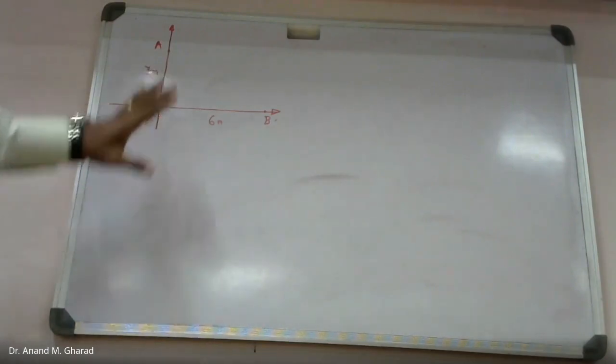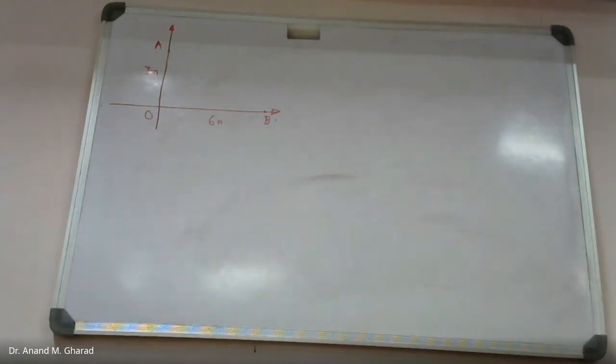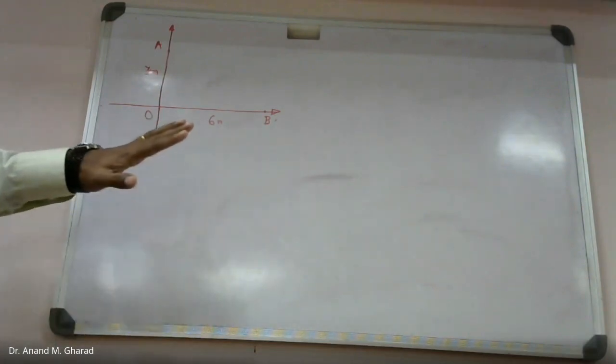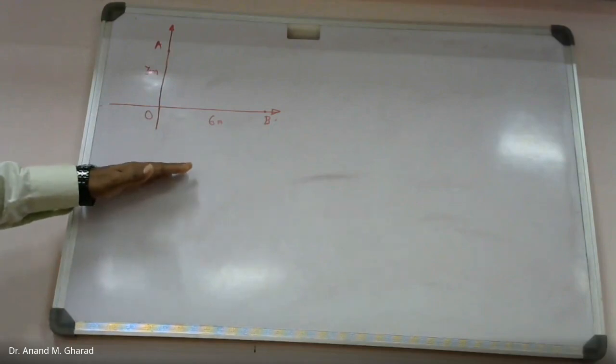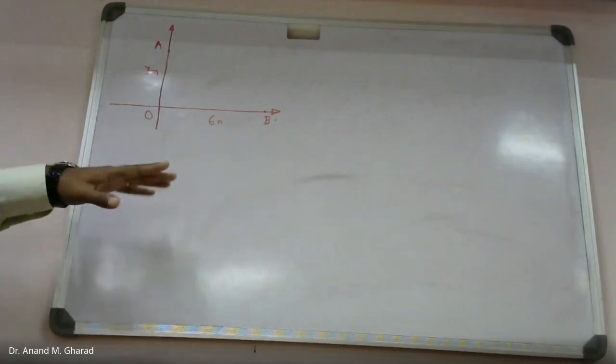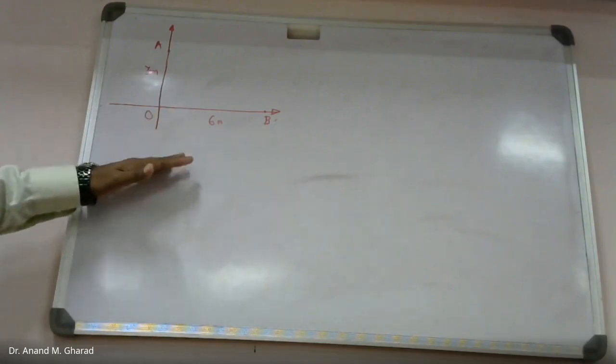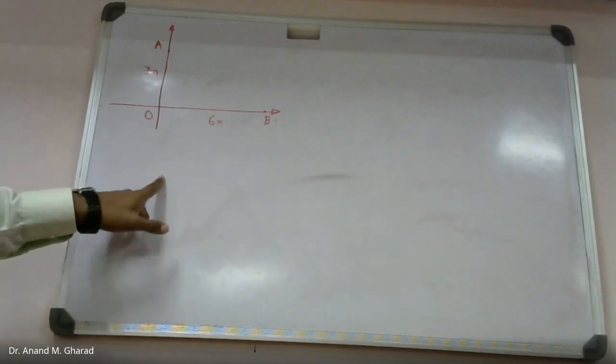Other than this information, whatever I told in the statement is given. No force is given. I don't know what is the nature of the force. I need to find it out.